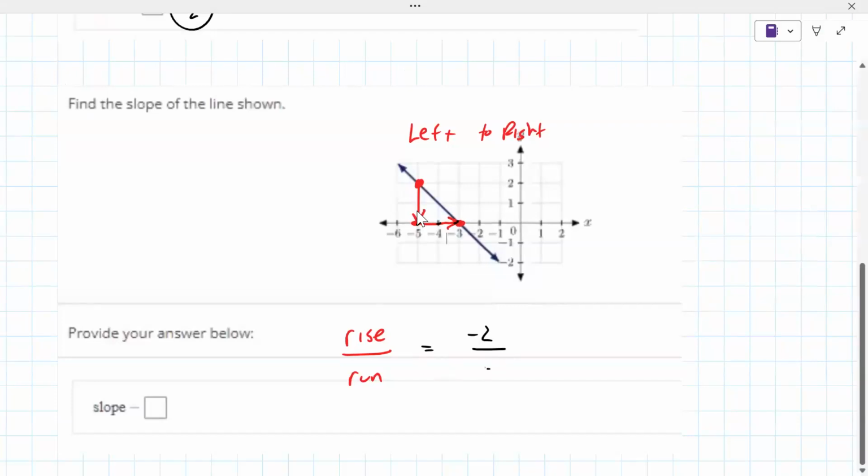So you don't count the first one, oh, 2. Now, does this fraction reduce? No. You can actually divide the top and bottom by 2. Oh, -2 divided by 2 is -1. 2 divided by 2 is 1. -1 over 1 is -1.